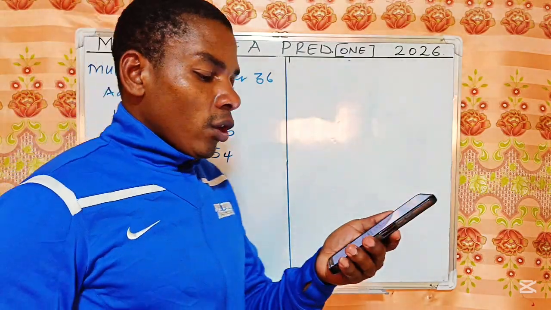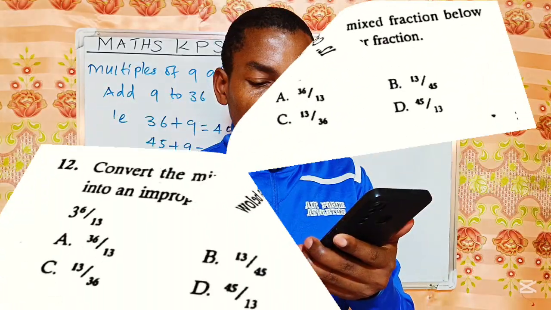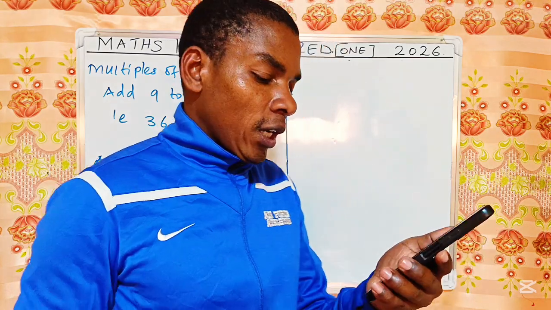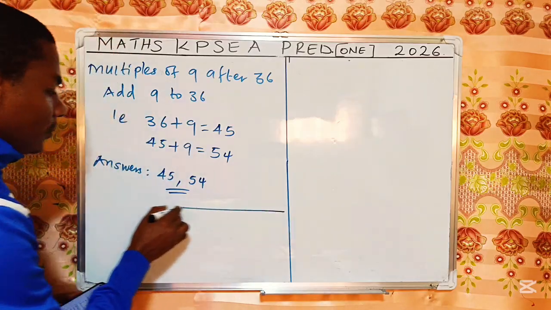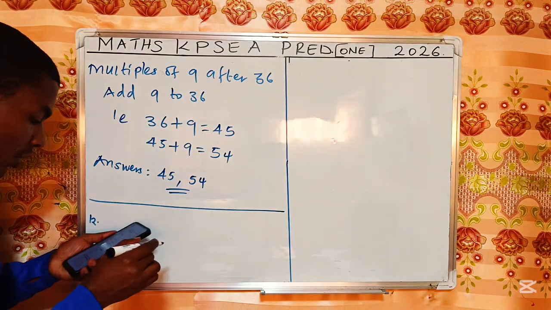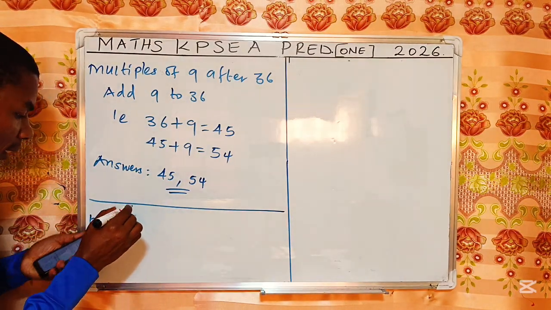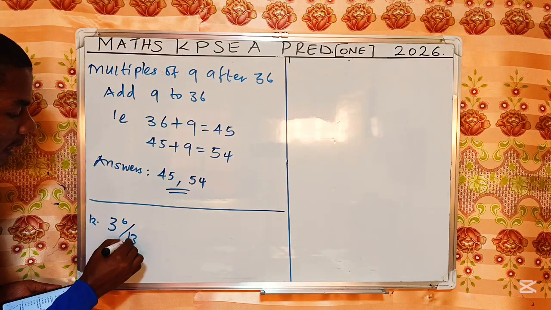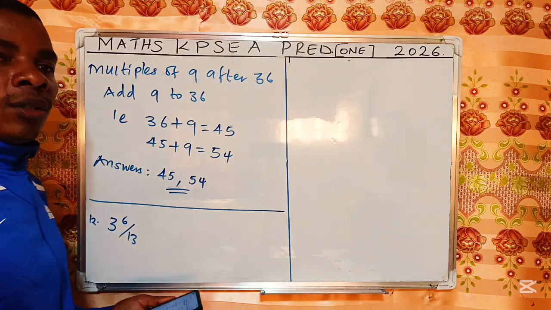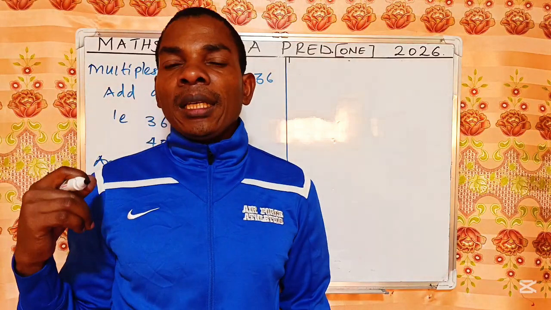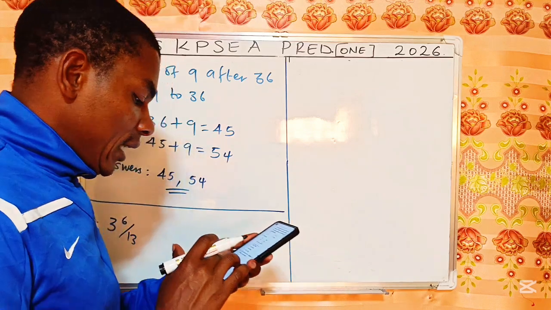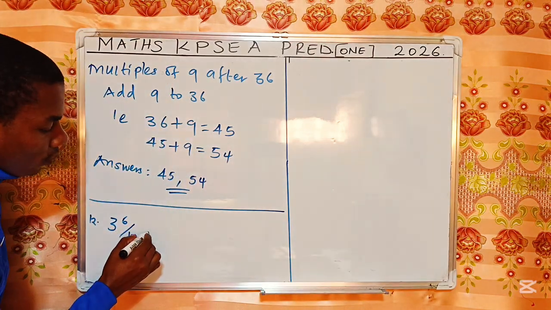Question 12. Convert the mixed fraction below into an improper fraction. So here, for question 12, we have 3 and 6/13. We want to convert this fraction into an improper fraction. So what are you supposed to do?